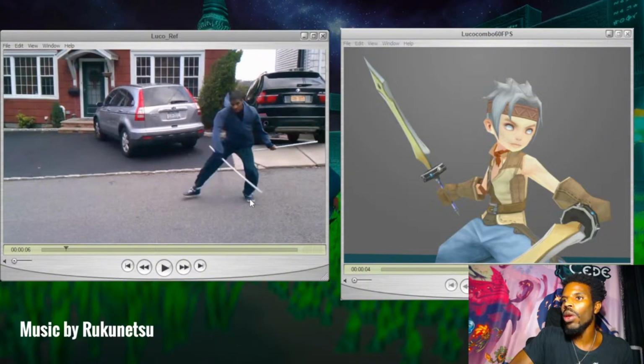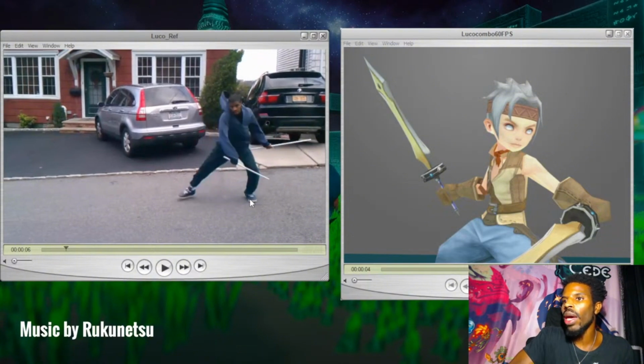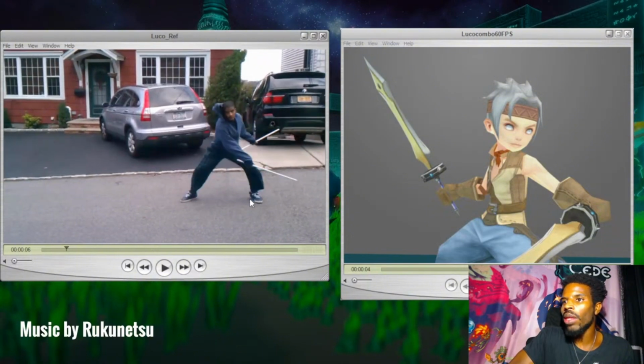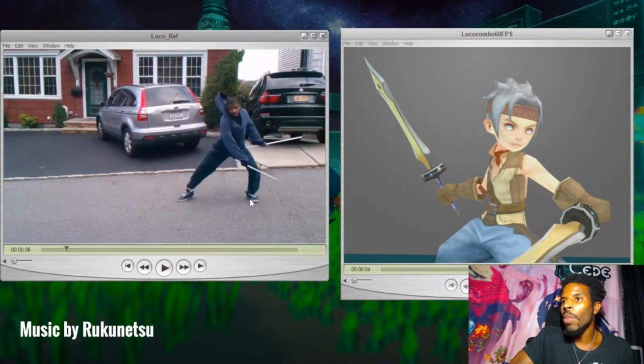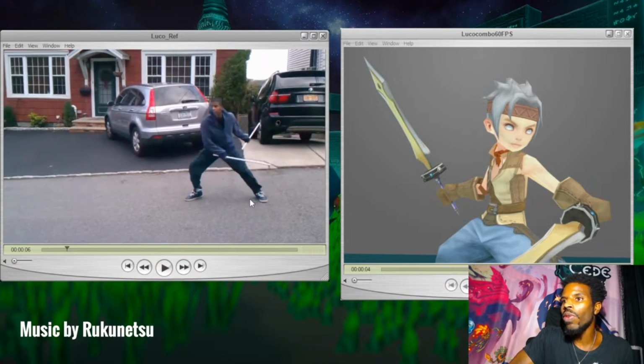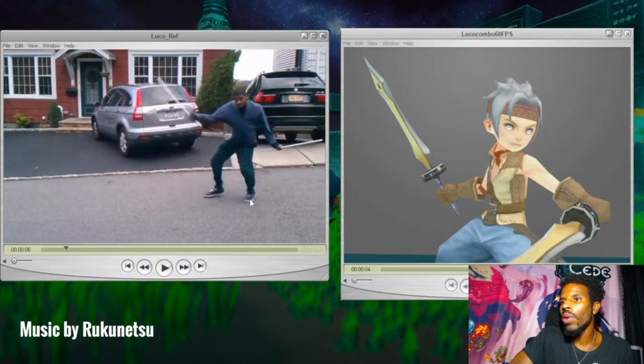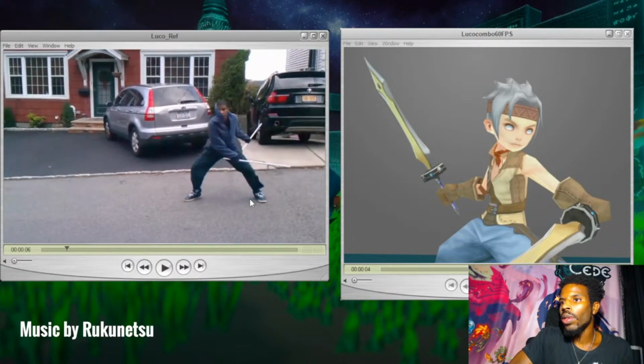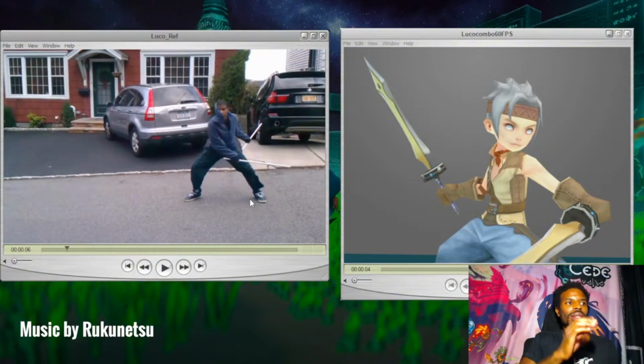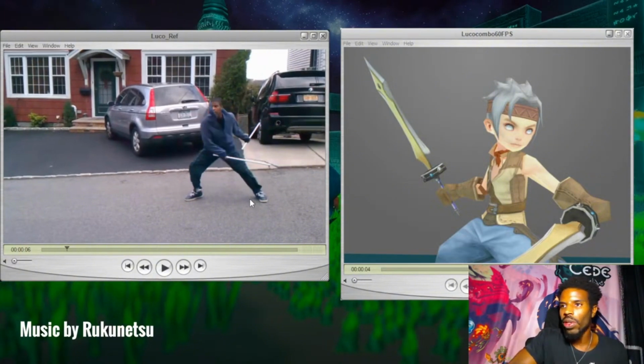So bam, right there, the strike happened. The foot hasn't landed on the ground yet. Then boom, right there, the foot lands. And my center of mass is still moving. So my center of mass is still slowly following through. All body mechanics. That's what I'm looking for. This is the type of stuff I'm looking for when I'm looking at reference.